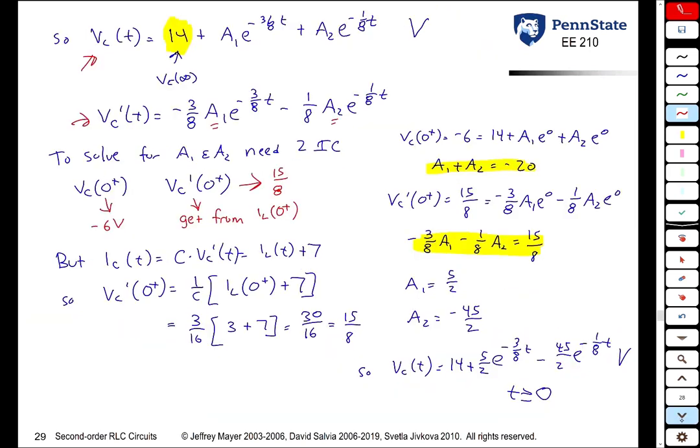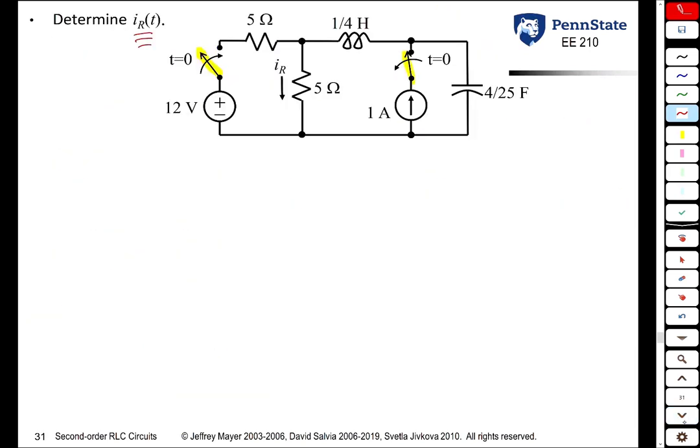So that is what makes this problem so complicated, is it's driven and we're looking for a variable that is different from VC or IL.